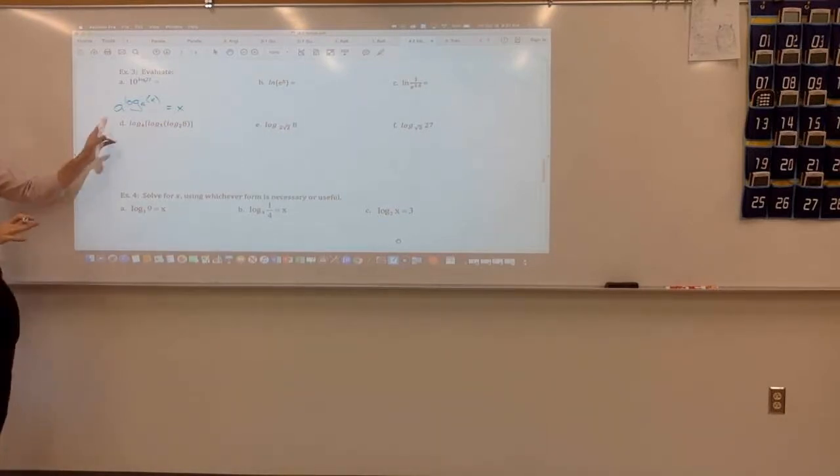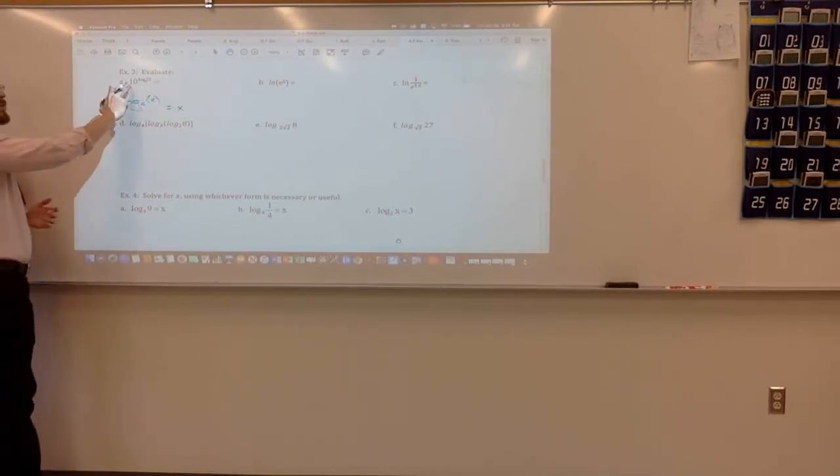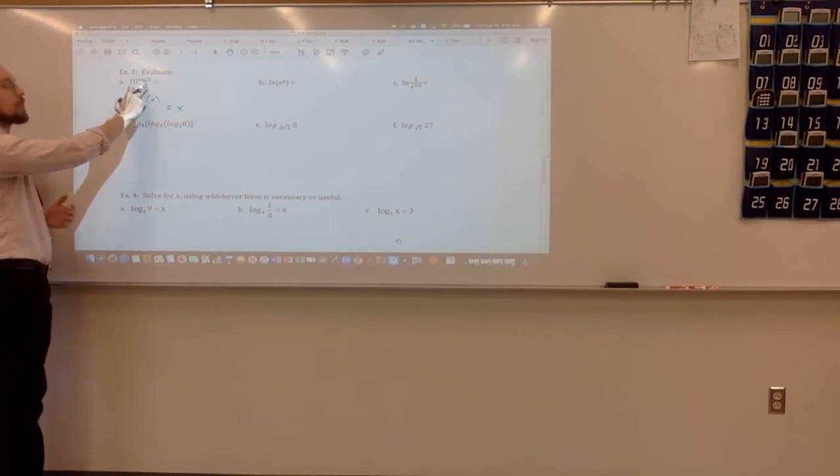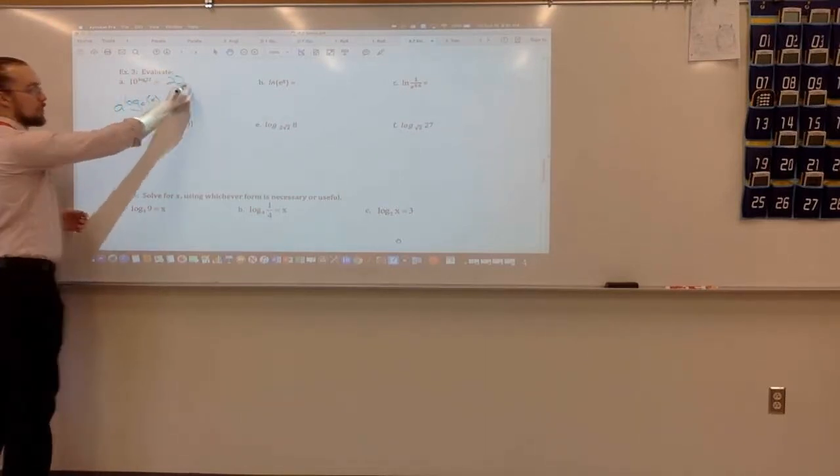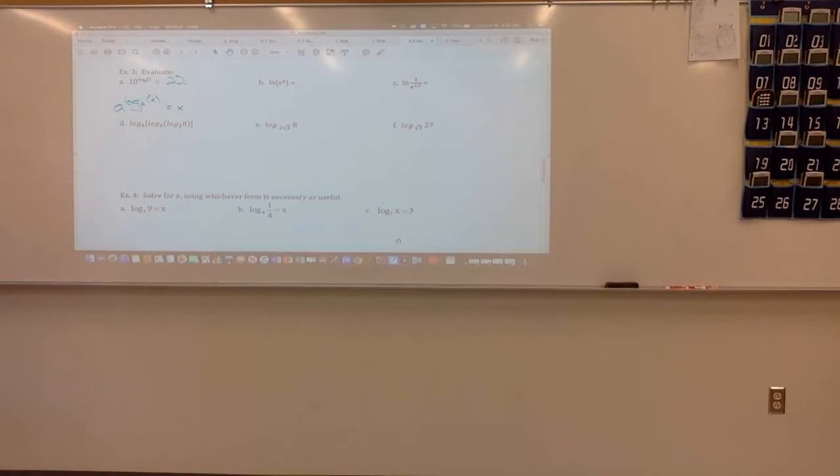But for now, if I've got an exponential raised to the log base of that same base, those cancel out. So 10 to the log base 10 of 22 is just going to be equal to 22, whatever's on the inside of the log.